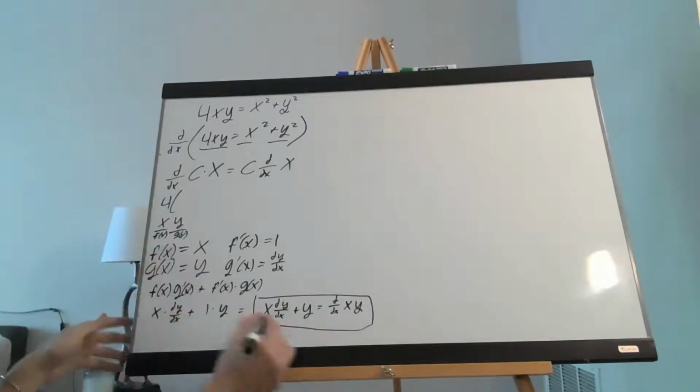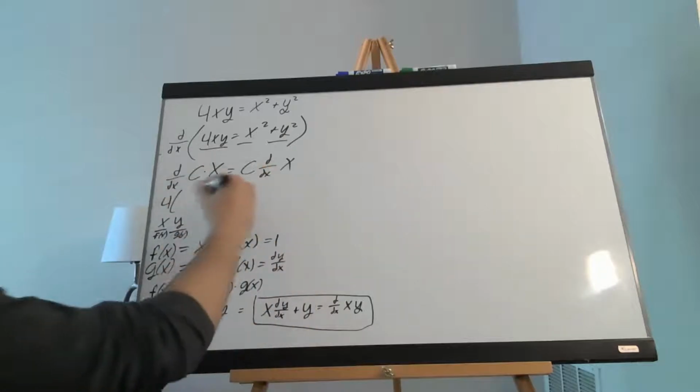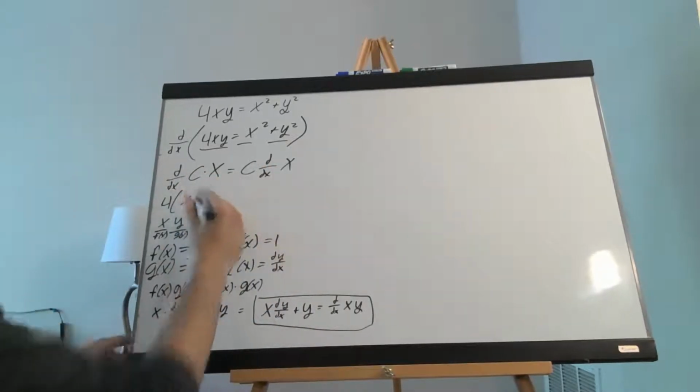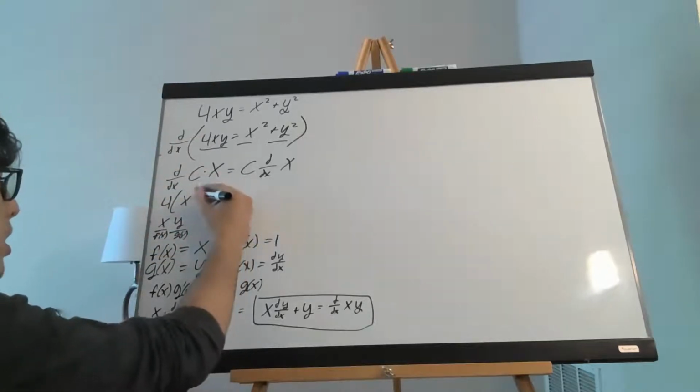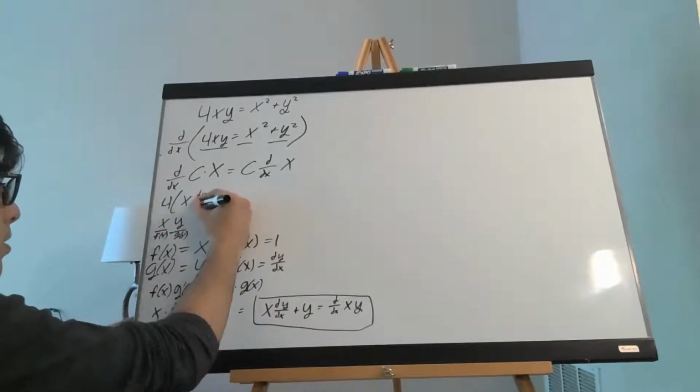Now we're just going to plug that back in, and we're going to put that in our parentheses here because I got the 4 out front. Remember, this is just a constant, so it doesn't affect the derivative.